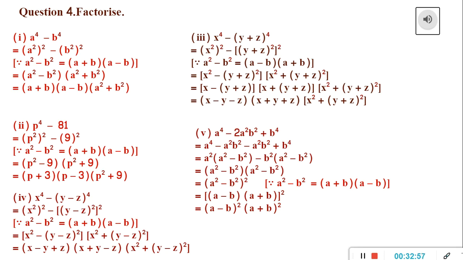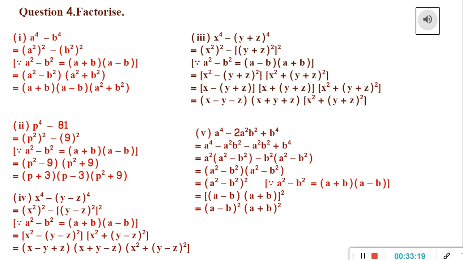That means from here we can take a square common, that is a square minus b square inside. And from here we will get minus b square common and a square minus b square inside. Now we got one factor, that is a square minus b square, and second factor a square minus b square. Means the same, (a square minus b square) into (a square minus b square).